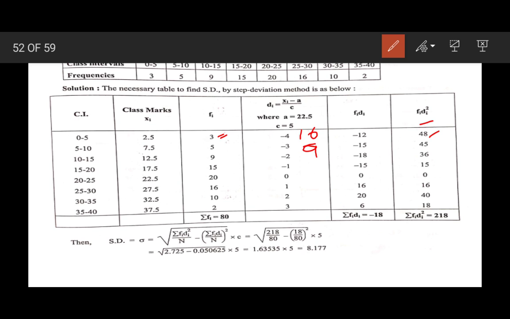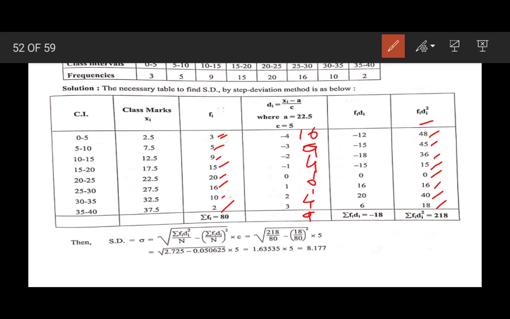Then minus 3 square 9, 9 into 5 is 45, minus 2 square 4, 4 into 9 is 36, minus 1 square 1, 1 into 15 is 15, 0 square 0, 0 into 20 is 0, 1 square 1, 1 into 16 is 16, 2 square 4, 4 into 10 is 40, 3 square 9, 9 into 2 is 18.